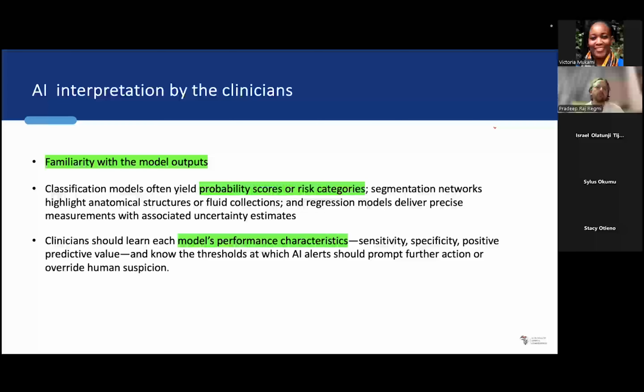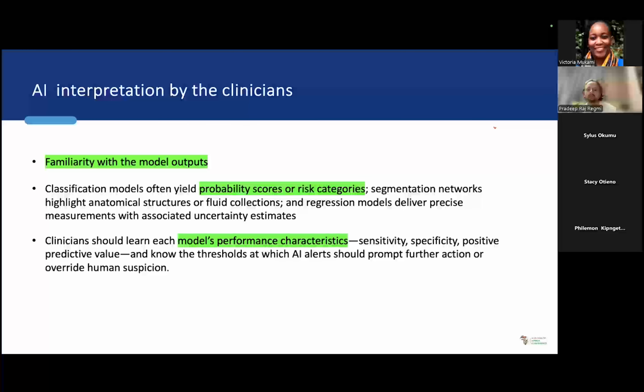So for AI interpretation by clinicians, clinicians have to be familiar with the model outputs, which can come from classification models that yield probability scores or risk categorization.